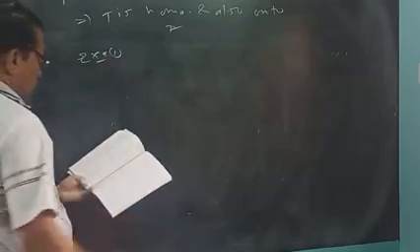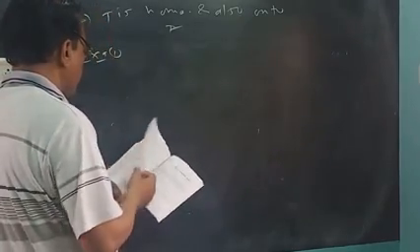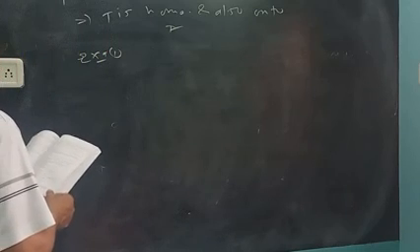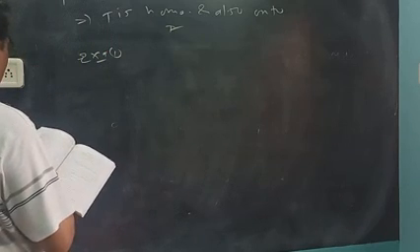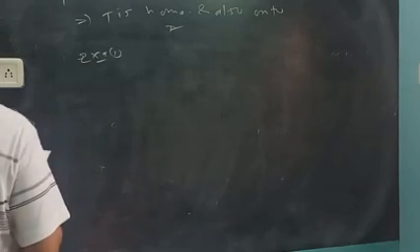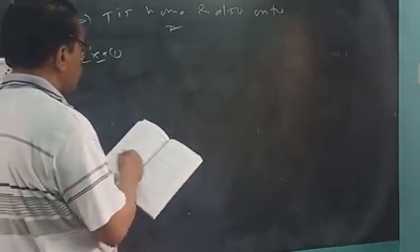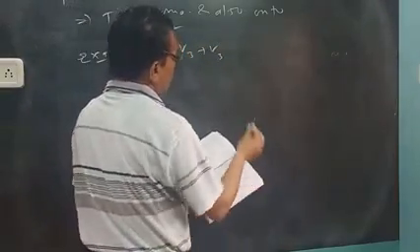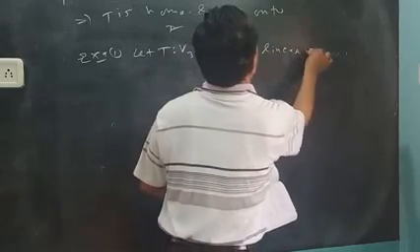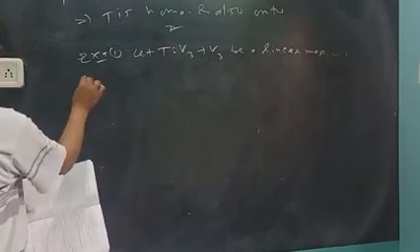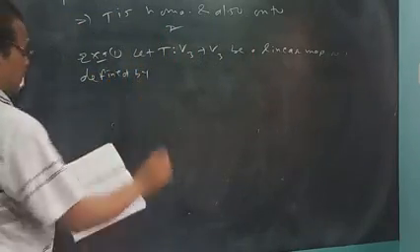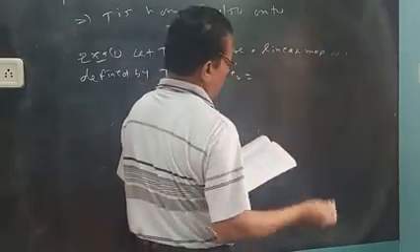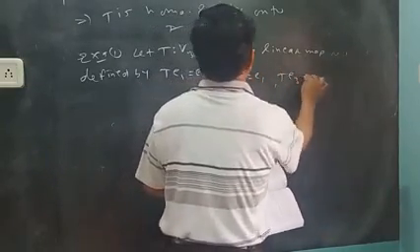Example. Let T be a mapping from V3 to V3, three-dimensional, be a linear map defined in this manner: T of e1 is e3, T of e2 is e1, and T of e3 is e2.